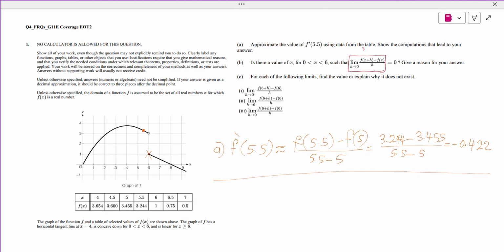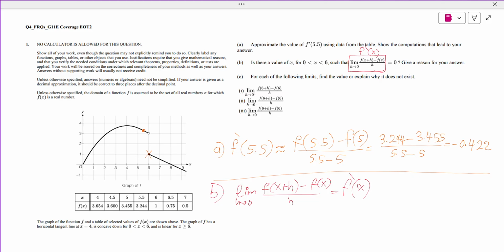So for part B, the limit of f of x plus h minus f of x over h as h approaches 0 is the same as f prime of x.